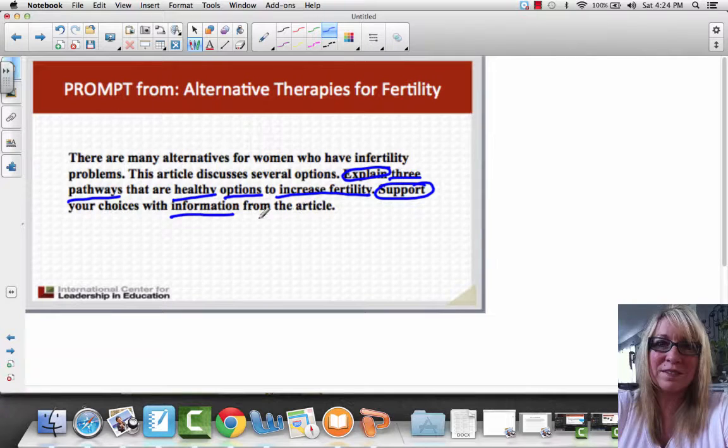Information. Okay, I think that's good. So explain and support are your verbs, 3 pathways, healthy options, increasing fertility, information.